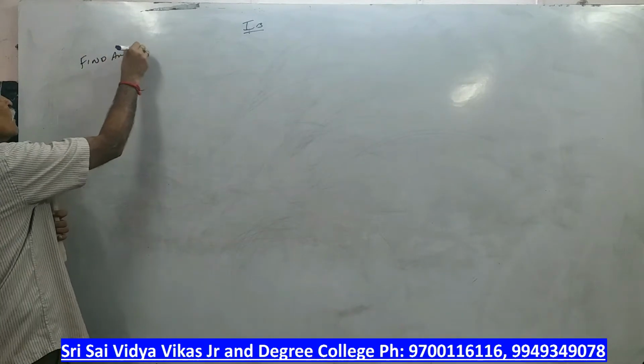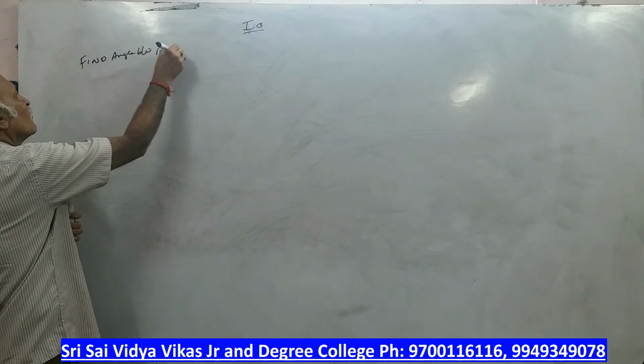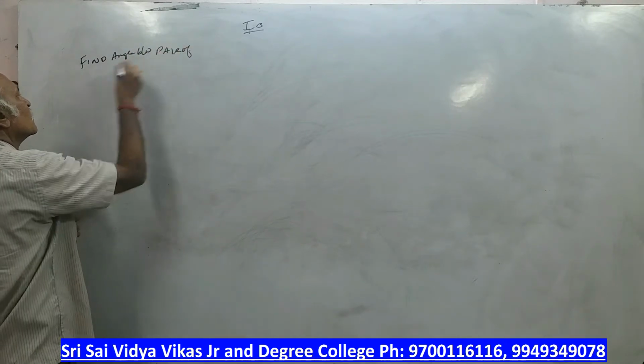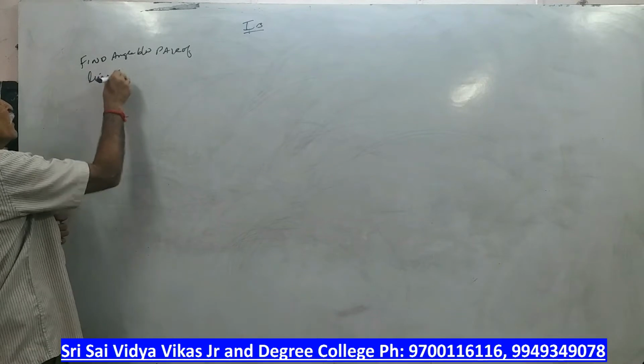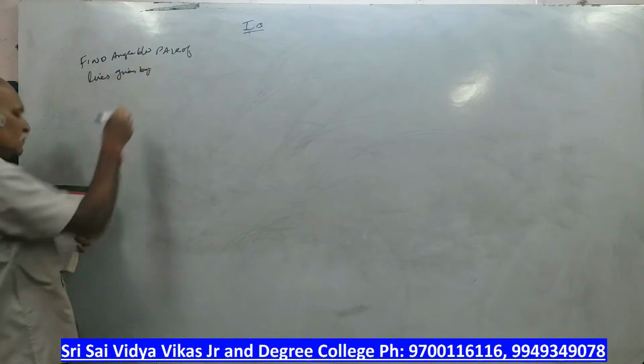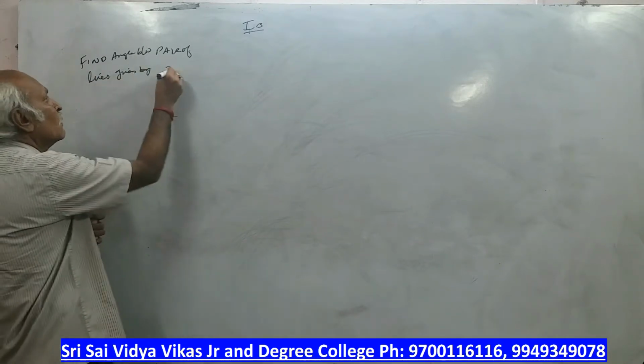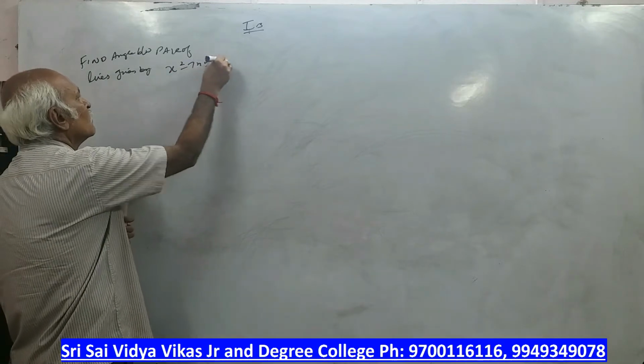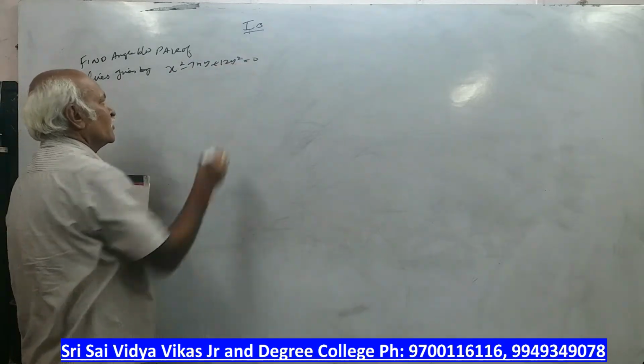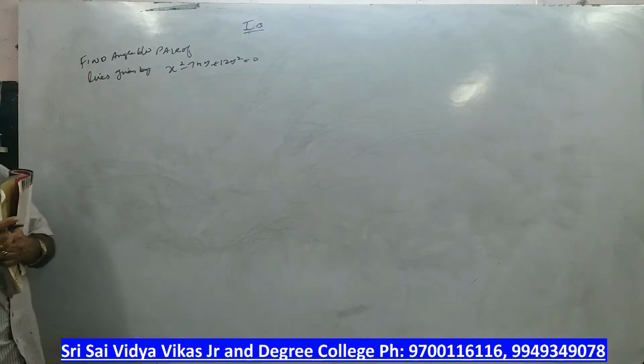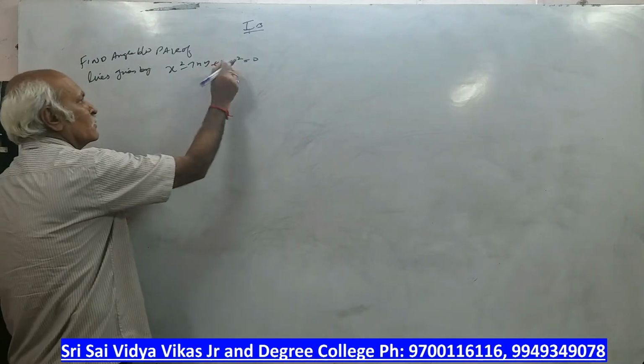Find the angle between the pair of lines given by x square minus 7xy plus 12y square is equal to 0.